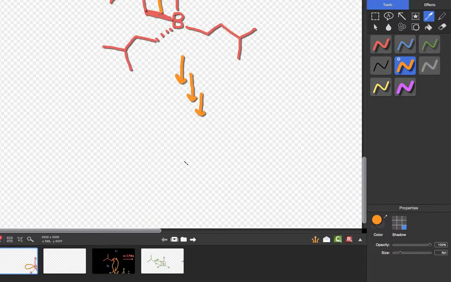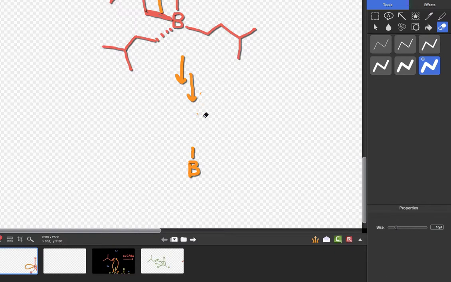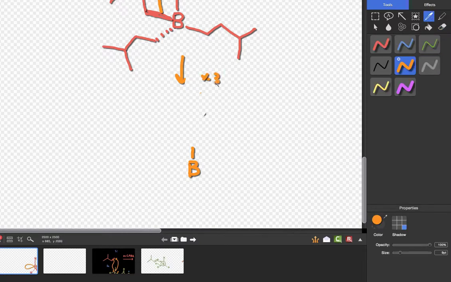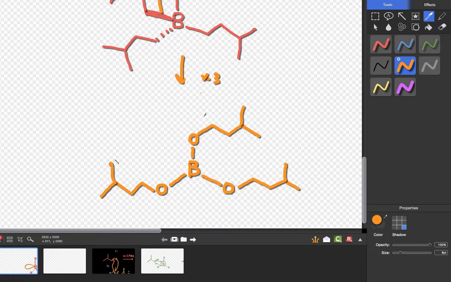After that happens 3 times, I have a trialkoxyborane. And again, I'm going to have the same geometry. So this happens 3 times. At the end, I have a trialkoxyborane.